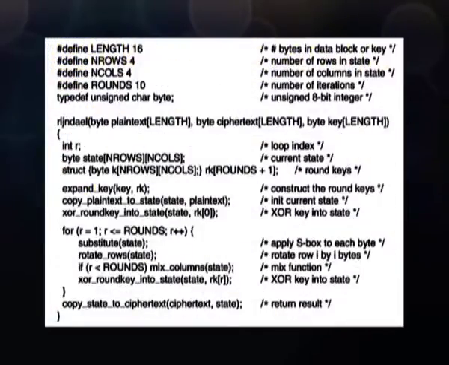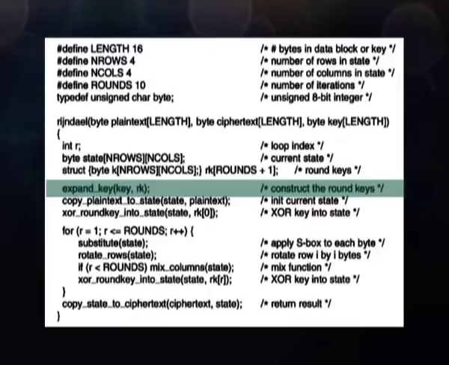Algorithm Rijndael is as shown in figure. The state array is initialized to the plaintext and modified by every step in the computation. The code starts out by expanding the key into 11 arrays of the same size by using the expand key function.